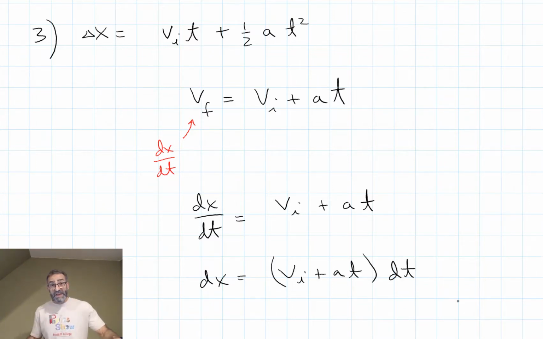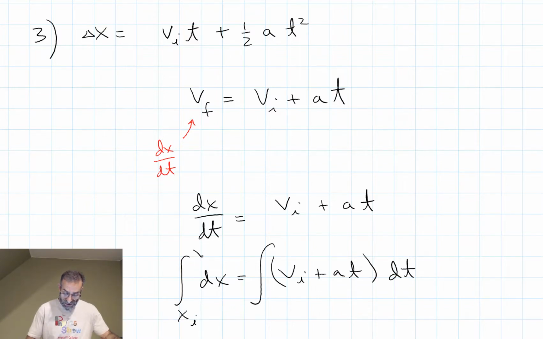V initial is just a constant, and we're going to treat a as a constant, so when we integrate both sides, on the left side I'm integrating over x, so I'm going from x initial to x final. On the right side I'm integrating over time, I'm going from t initial, which is 0, to t final, which I just call t.